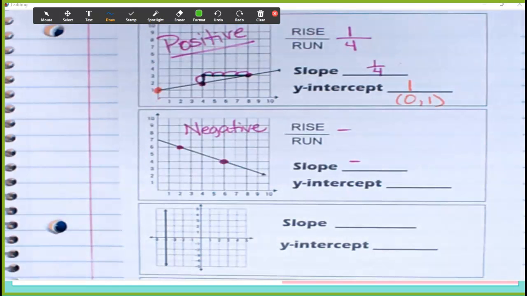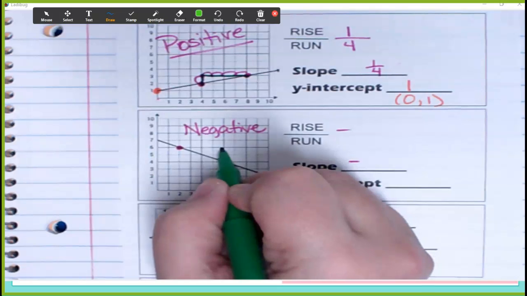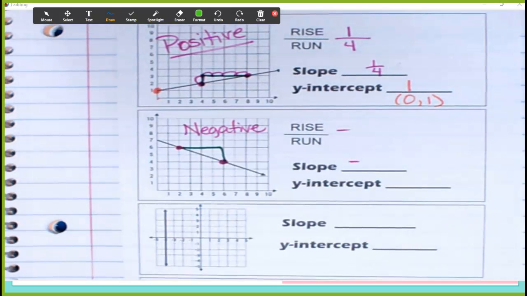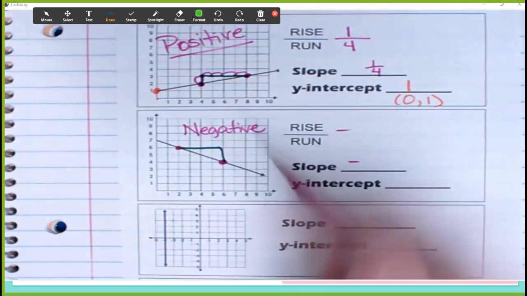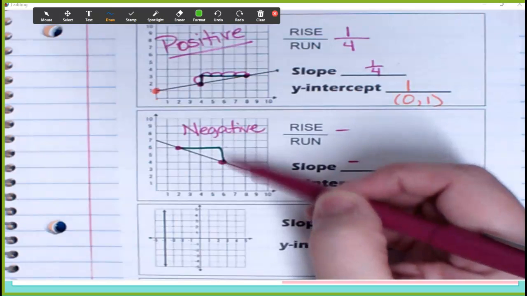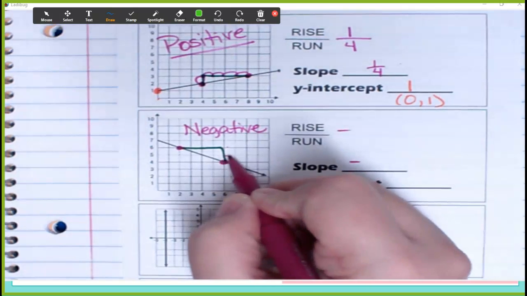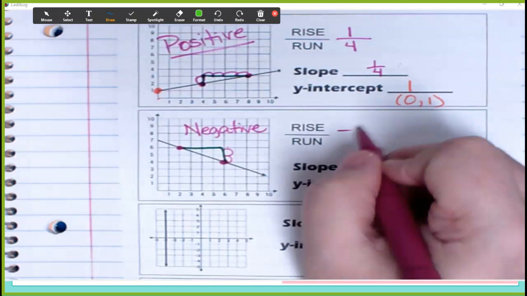All right, let's make our triangle. Rise over run. Rise up, run over. So the change in the vertical, the change in Y. How far did we rise up? 2. I rose up 2.